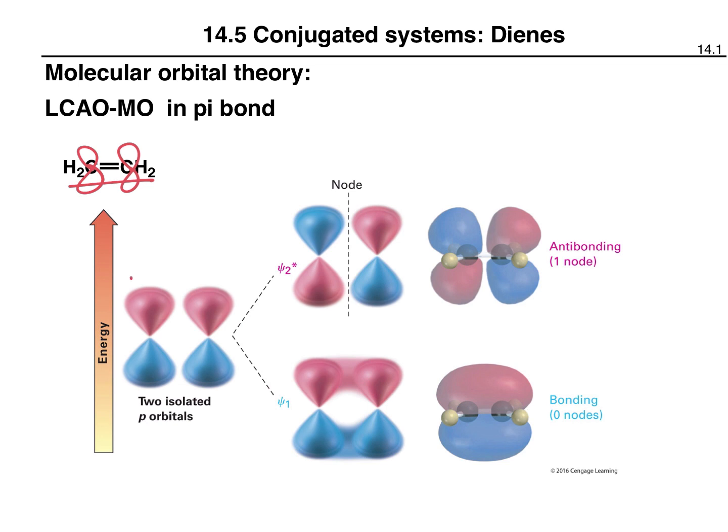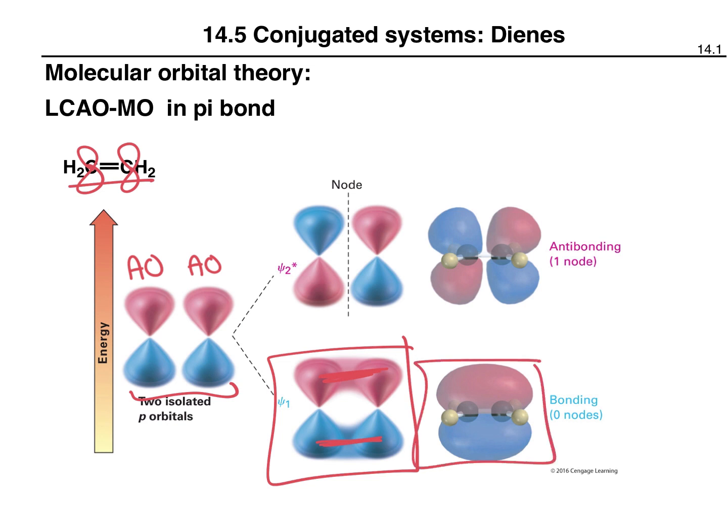This is the atomic orbital that corresponds to the first carbon. This is the atomic orbital that corresponds to the second carbon, and they can be added together, right? The linear combination of these atomic orbitals. Now, there are two possibilities. If both of these orbitals are in phase, like this, then they're going to overlap, and that leads to a bonding pi orbital.